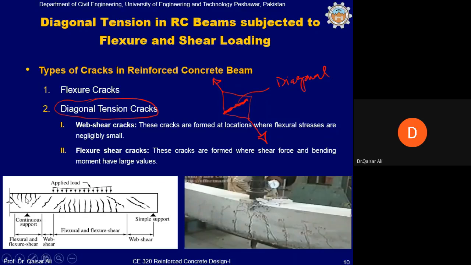For this reason, cracks will appear in the top part of the beam, and then the crack will propagate downward. Okay, and flexure cracks and flexure shear cracks both will be produced near the supports.